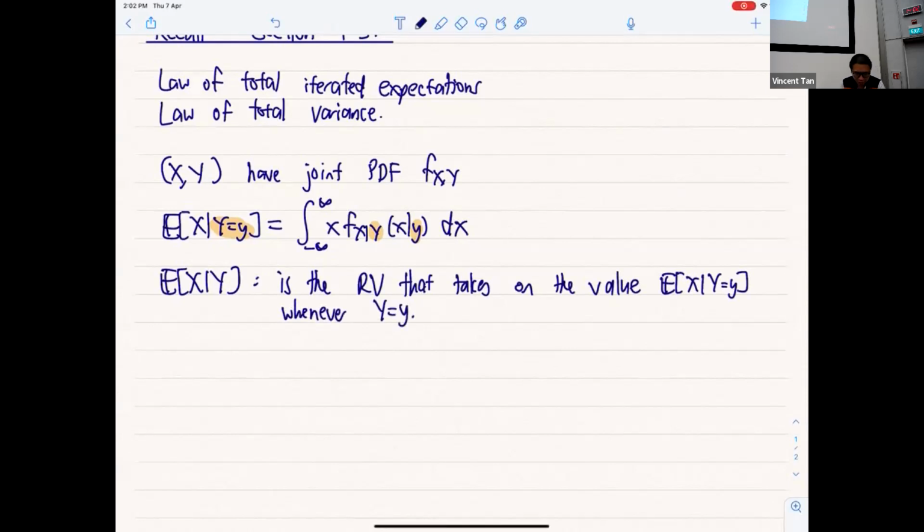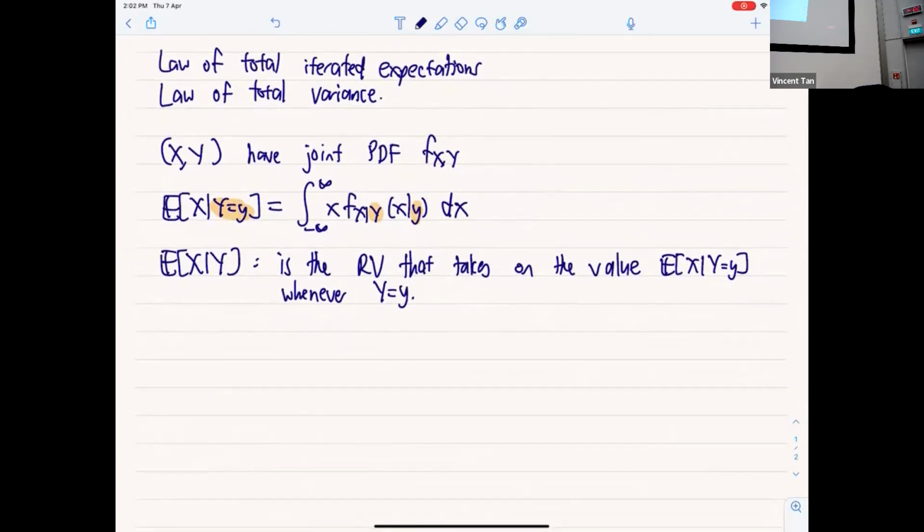Today we will do a few more examples, but I don't want to do an infinite number of examples, okay? So this is a particular random variable that takes on the value expected value of X given Y equals y, which I've already defined above, whenever Y equals y, all right?